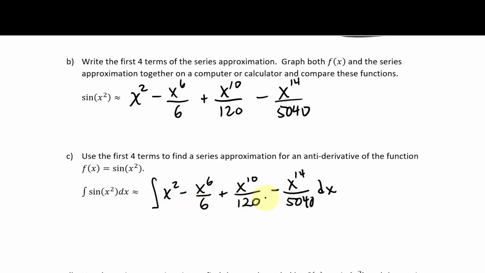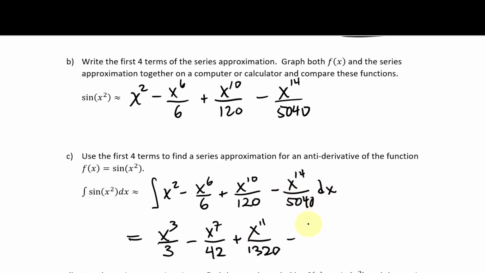So we can go through this term by term and integrate. x to the 3 over 3, it's just the power rule. This is going to be x to the 7 over, now you've got 6 times 7, so that's actually 42. And then integrate this one, that's x to the 11 over 120 times 11, and that's 1320.